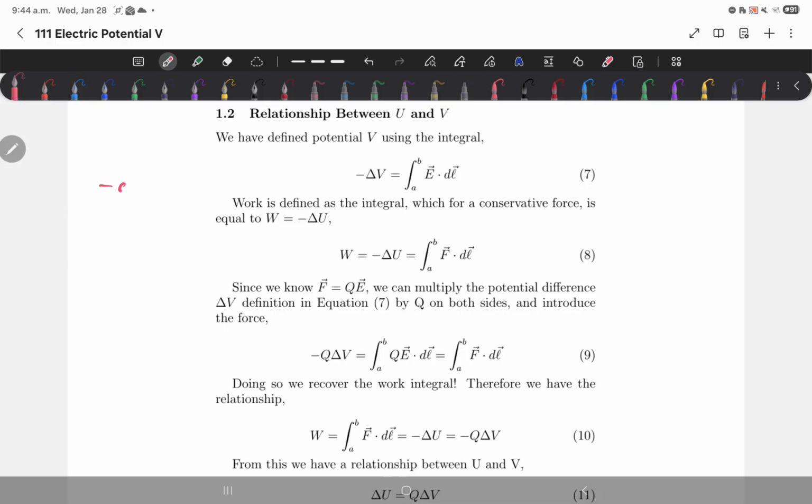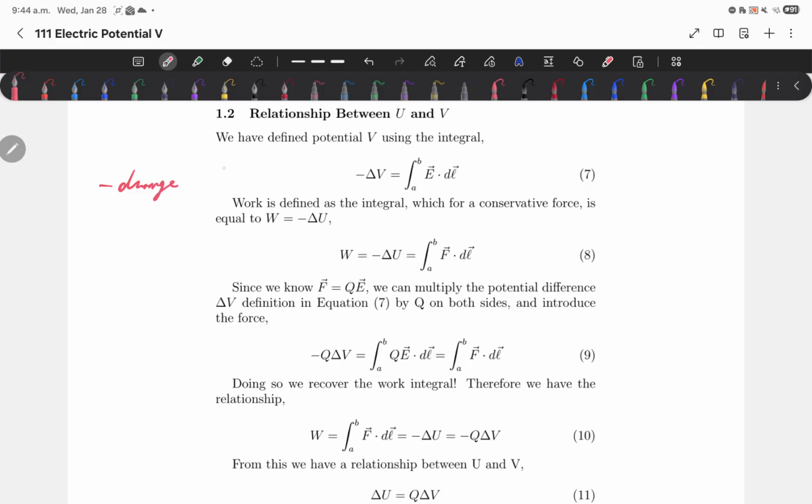But last class, we had something almost identical for the work. Work is the negative change in potential energy, which is the integral of force relative to some displacement. So potential is field relative to displacement. Potential energy is force relative to displacement. These definitions are very similar.